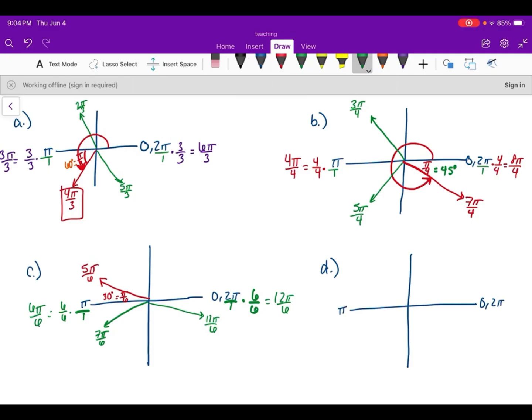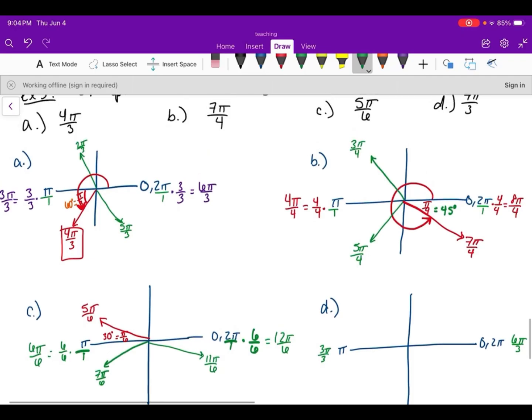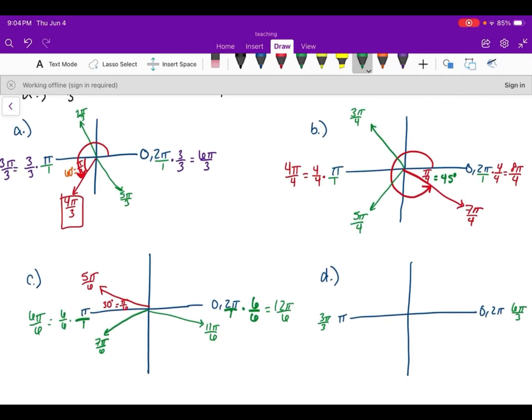If I want to write these with a denominator of 3, this is 3 pi over 3. This is 6 pi over 3. So 7 pi over 3 is a little bit bigger than 6 pi over 3. So it's actually going to come after this 2 pi or 6 pi over 3, right? It's bigger than that. So it needs to come after it, which is going to put it in quadrant 1.